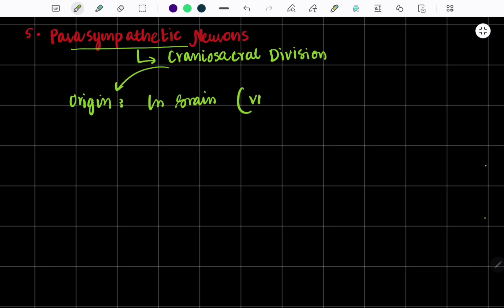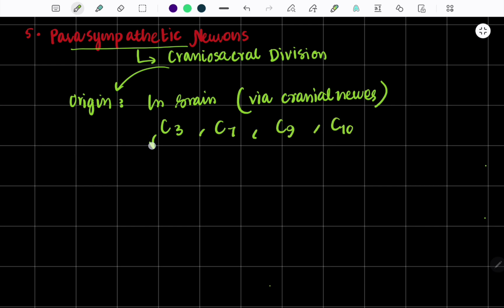In the brain, they come from cranial nerves. And how many cranial nerves? Four types of cranial nerves: C3, C7, C9 and C10. This is the oculomotor nerve, this is the facial nerve, this is the glossopharyngeal nerve, and this is the vagus nerve, right?